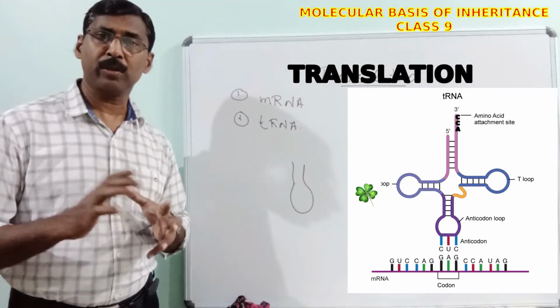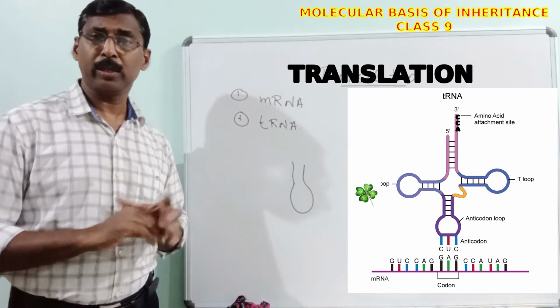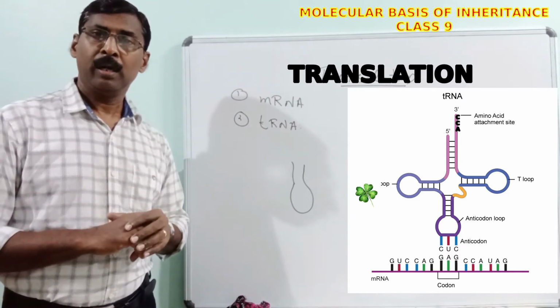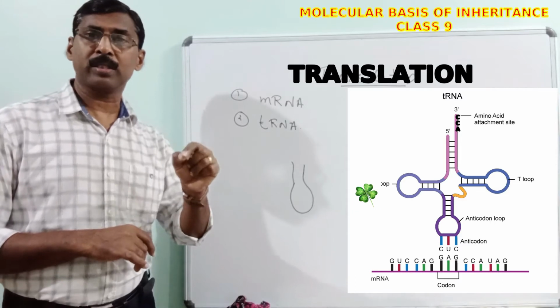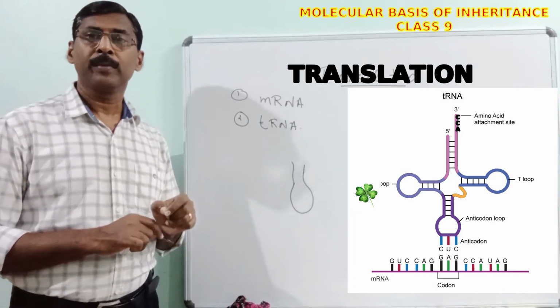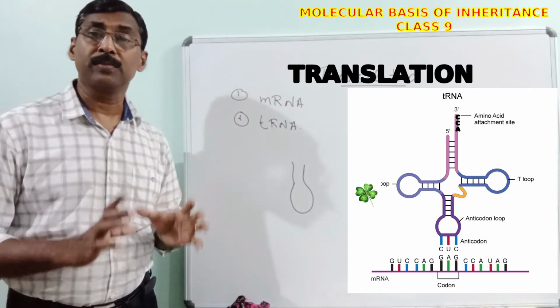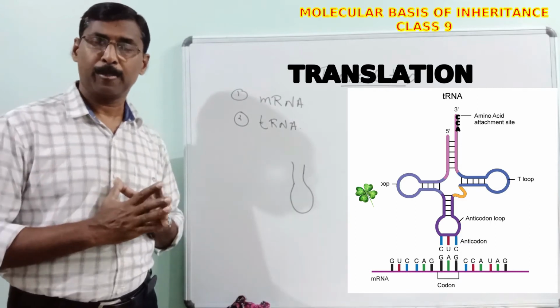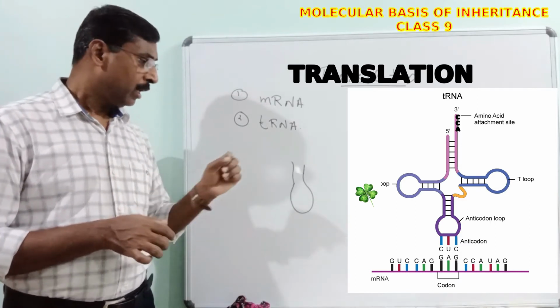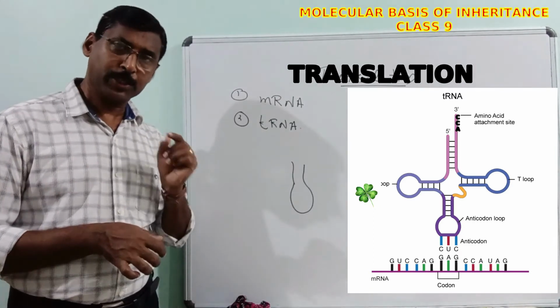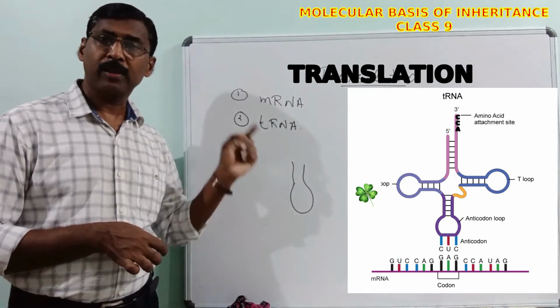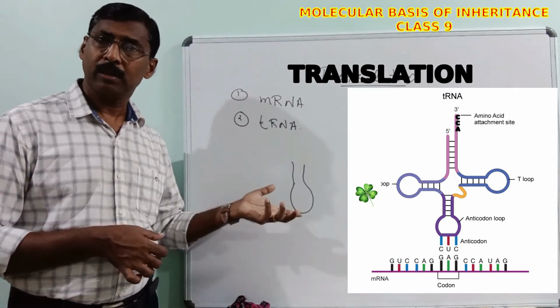Out of 64 codons, 3 are stop codons. They do not represent any amino acid. And 61 codons represent some amino acid. So there should be 61 transfer RNAs. And there should be a transfer RNA for every amino acid, of course.